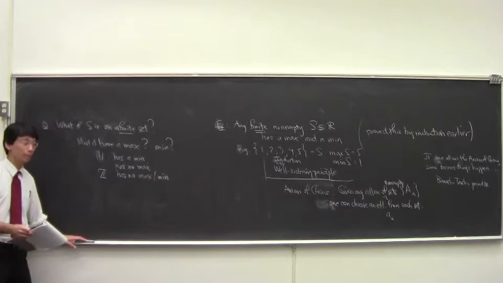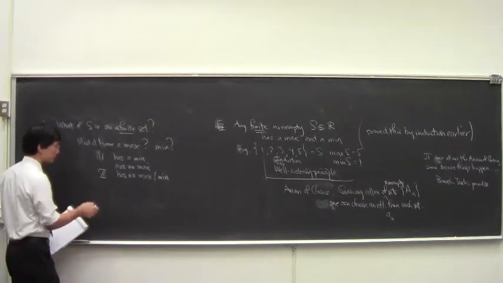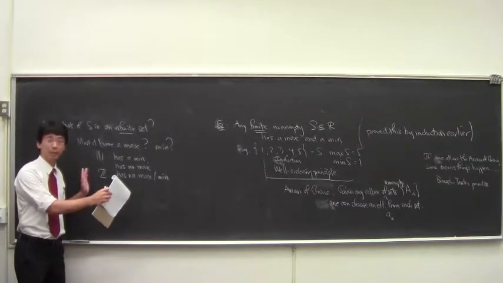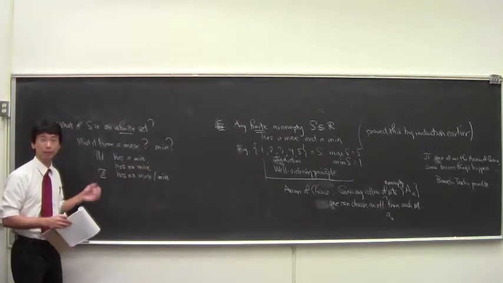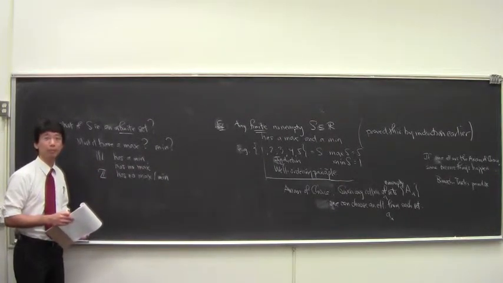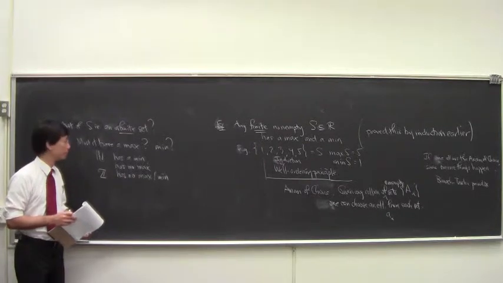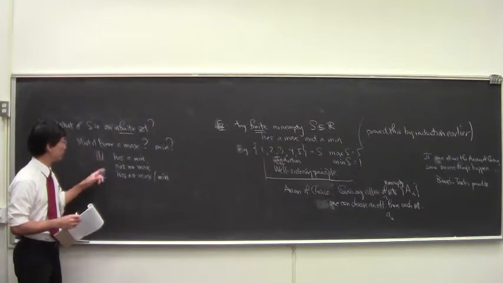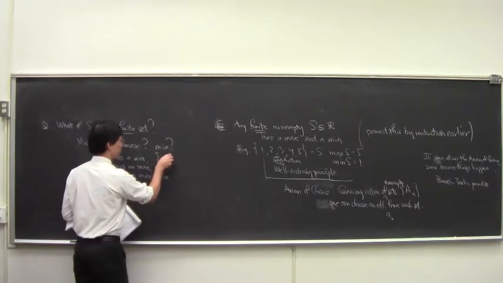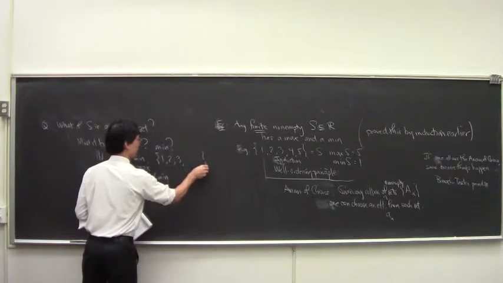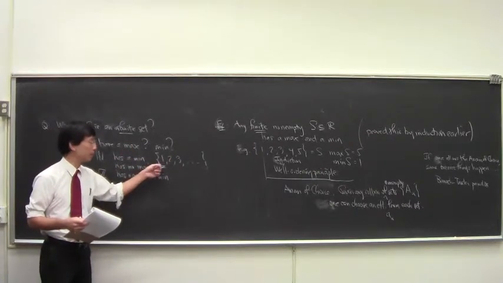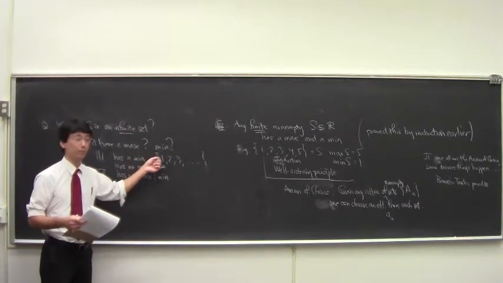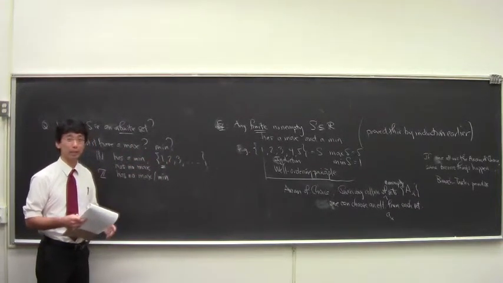A little bit more subtle: can you give me a bounded set, a set that doesn't go off to infinity, but has no max and no min? Does N have a min? Yes, because it's 1, 2, 3, etc. There's an element in the set that's smaller than or equal to every other element in the set.